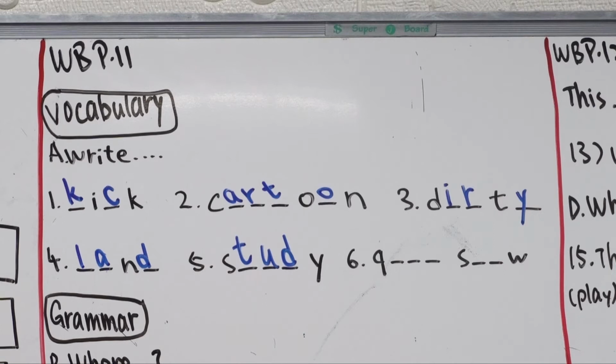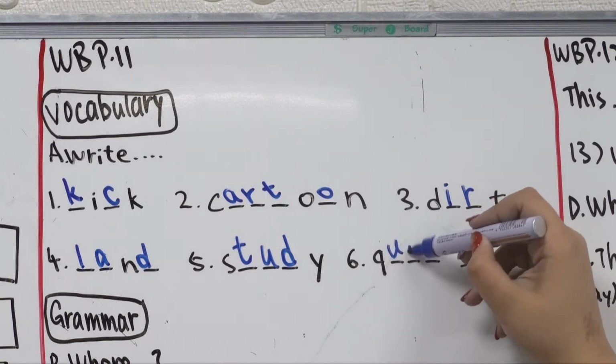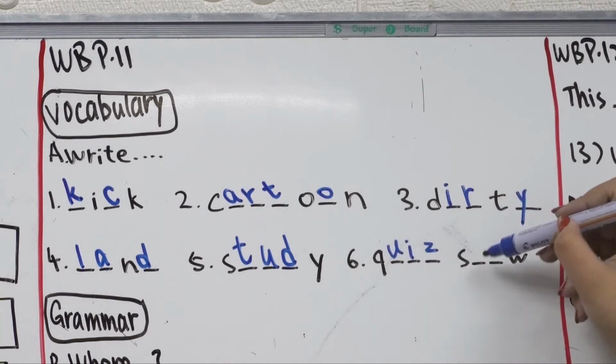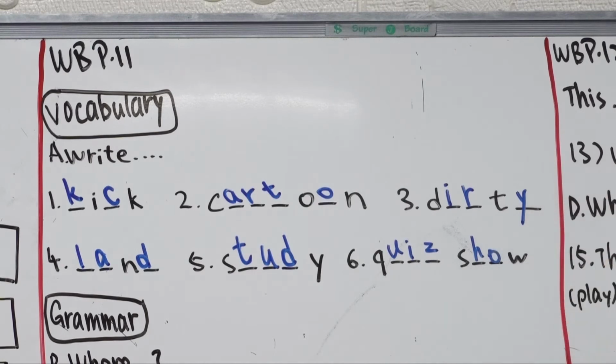This TV program is called Quiz Show. So that should be Q-U-I-Z-S-H-O-W. Did you get all of them correct? If yes, then it's perfect. It means you have very good knowledge of vocabulary. All right. Great. So let's move on.